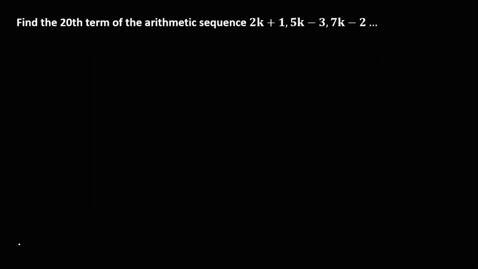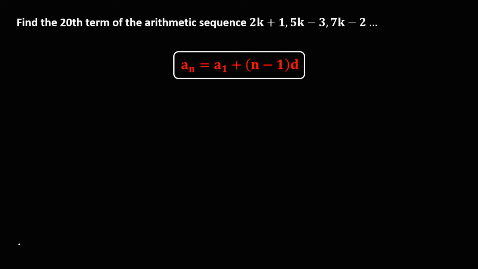So find the 28th term of the arithmetic sequence. Then from this arithmetic sequence formula, for a sub n, since we're looking for the 28th term, therefore a sub n is equal to a sub 28. And for a sub 1, in the given sequence, this one is a sub 1, then we have a sub 2 and a sub 3.